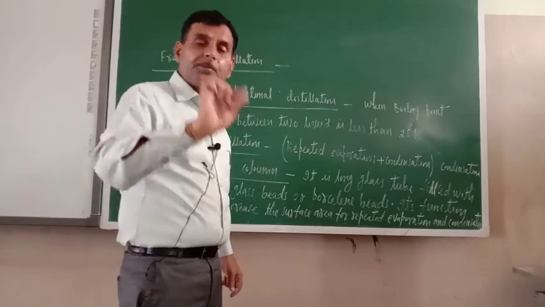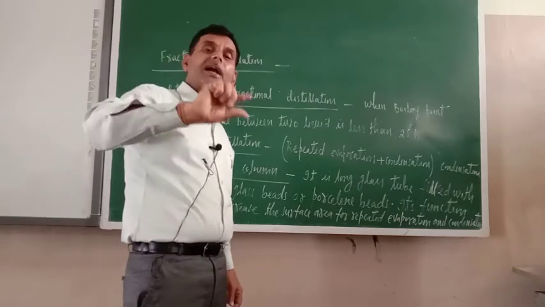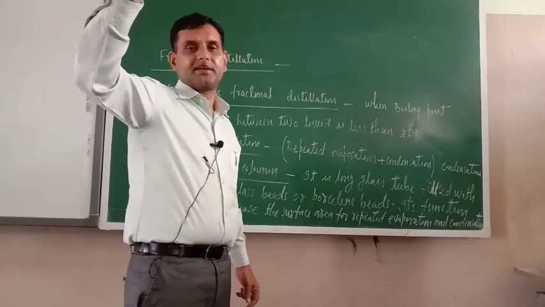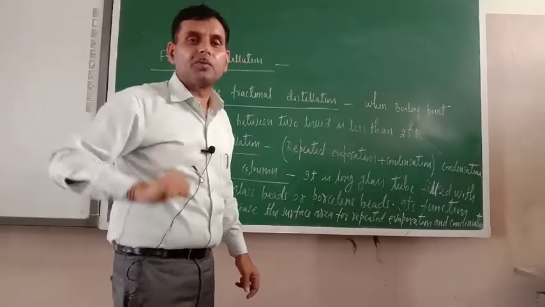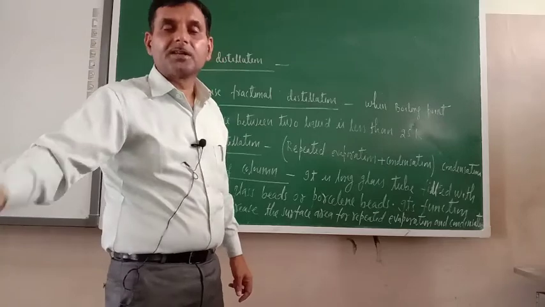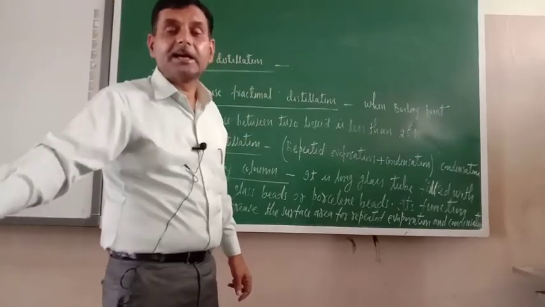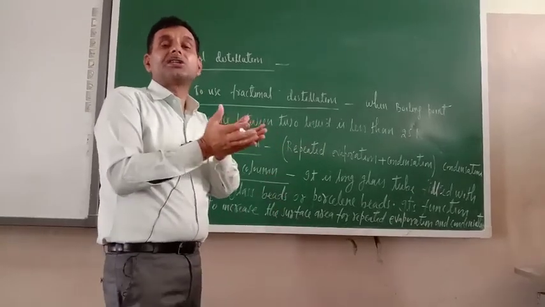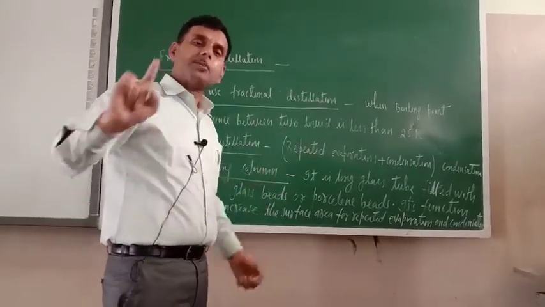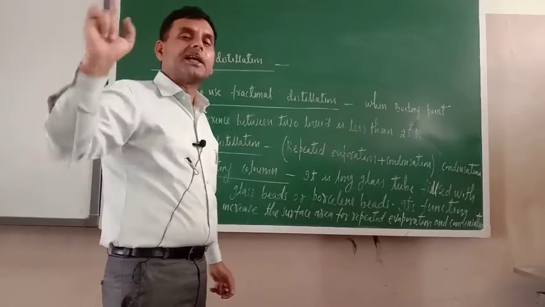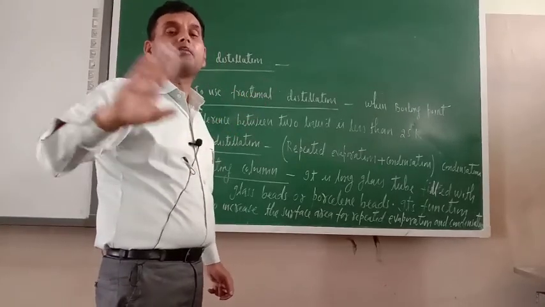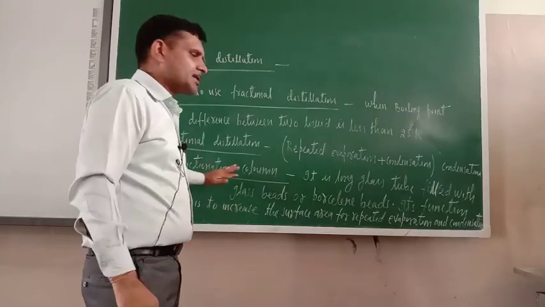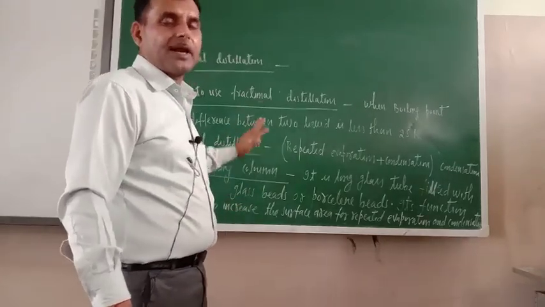So if some of the vapor of that liquid which evaporated first reaches the condenser tube, that will condense first, and it will be collected in the distillation flask separately. The same process will be continued till the entire mixture of components gets separated. This is the procedure, and we'll take one example and explain it to you.